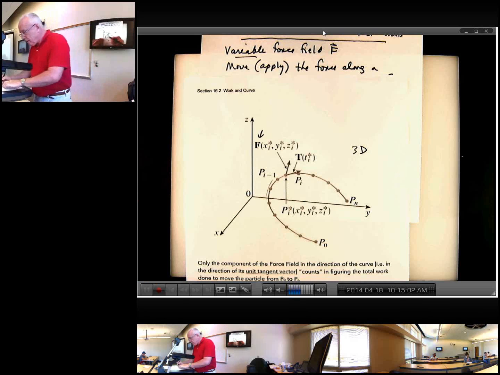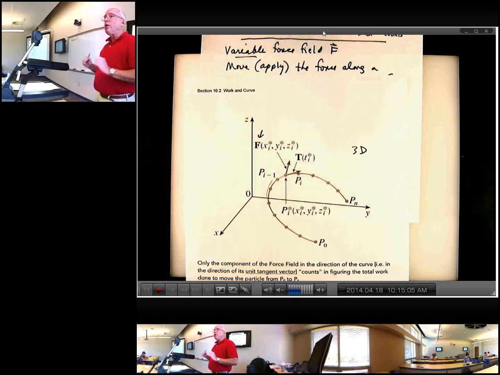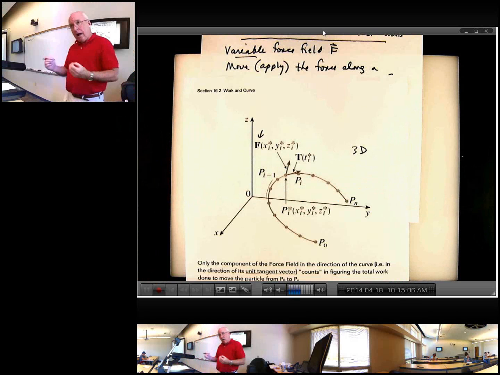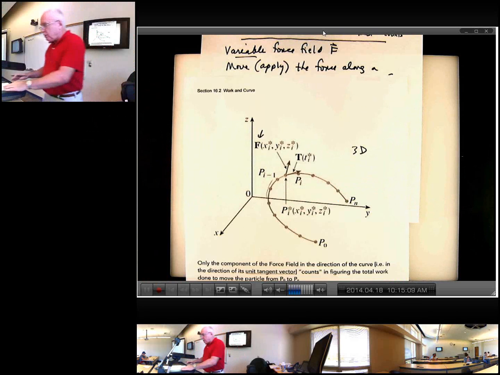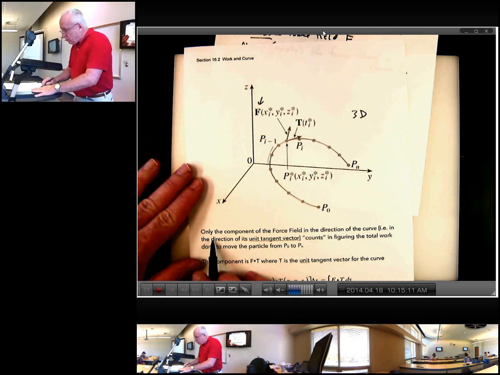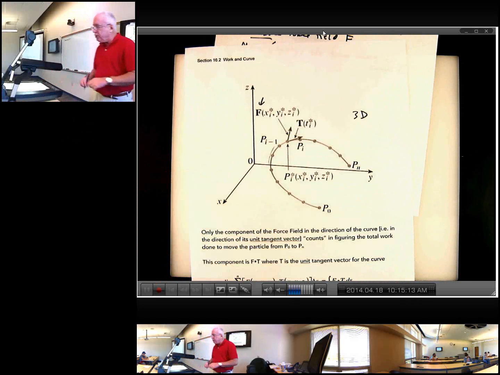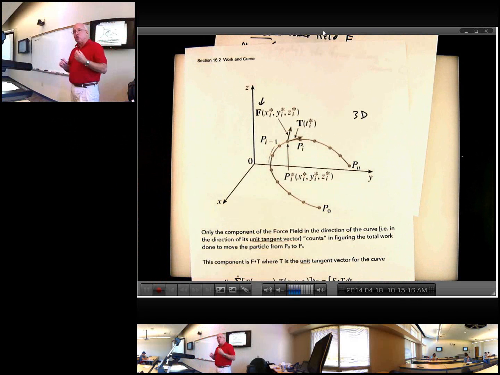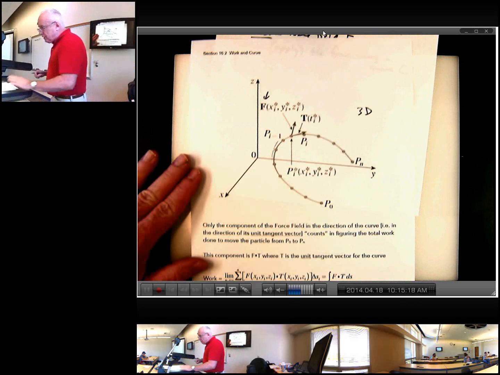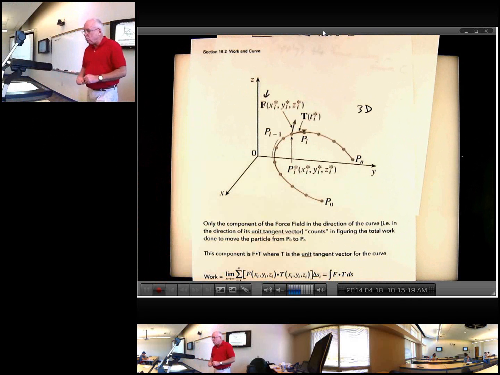All right. Now, we're talking about doing work here, and I have it written here: only the component of the force field that's in the direction of the curve is going to count in figuring the total work.